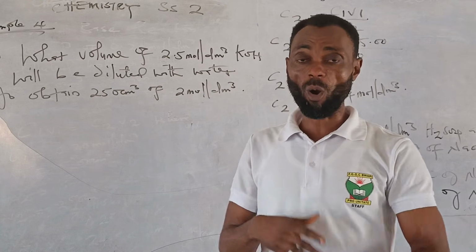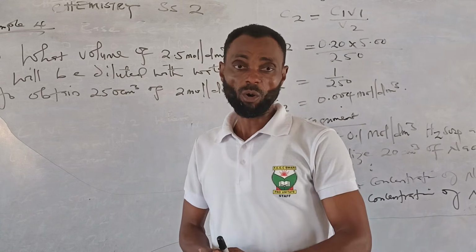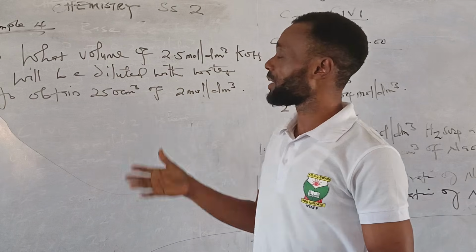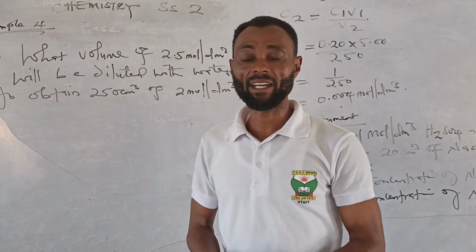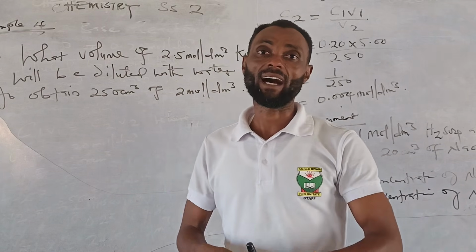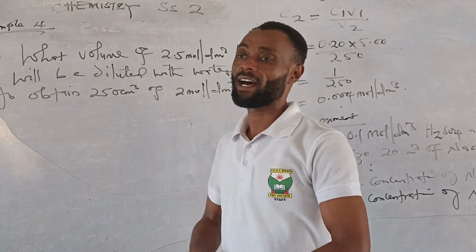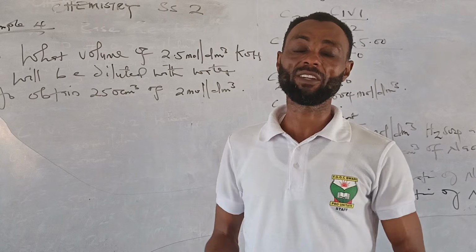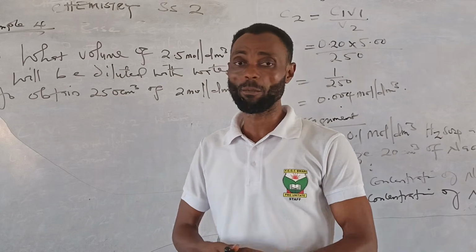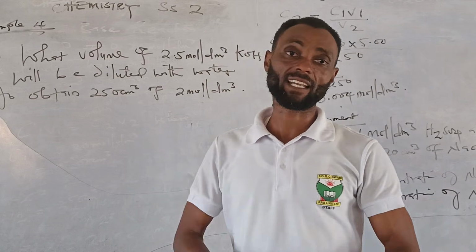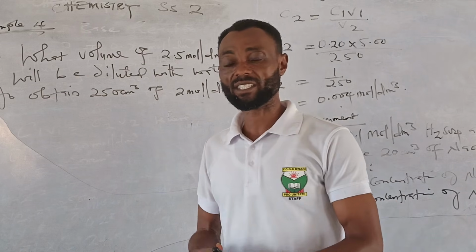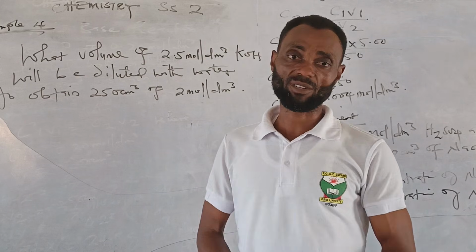In summary of all that I have been saying, we started with acid-base reaction as a topic, and of course I have told you the meaning of volumetric analysis. I have given you some of the important terms that are associated with volumetric analysis, such as the standard solution, the molar concentration, and the mass concentration.